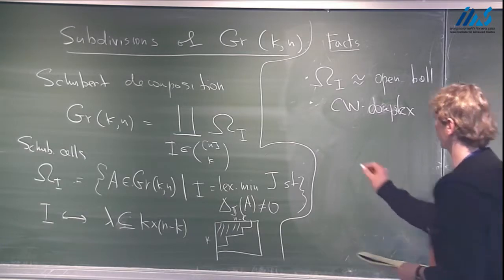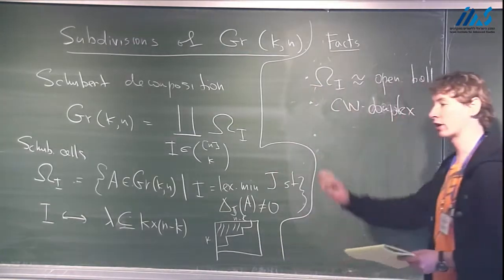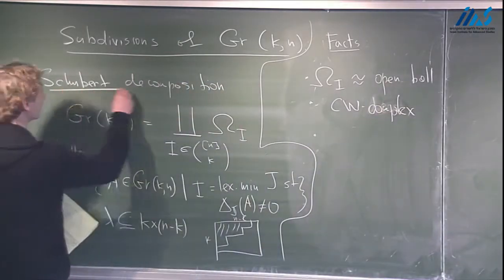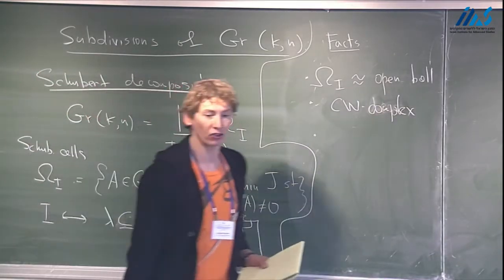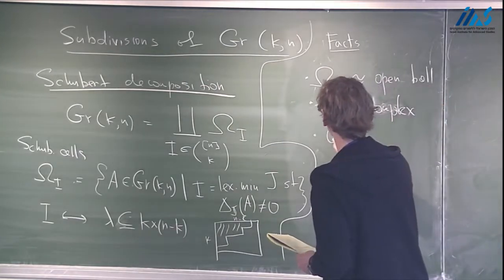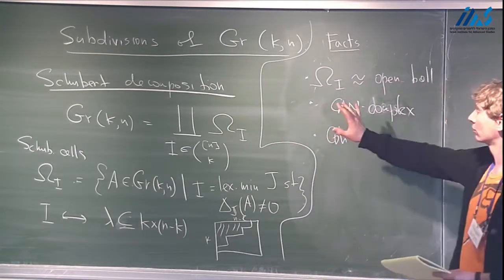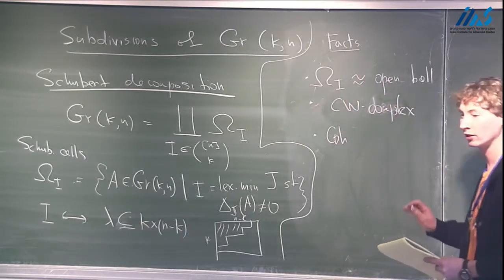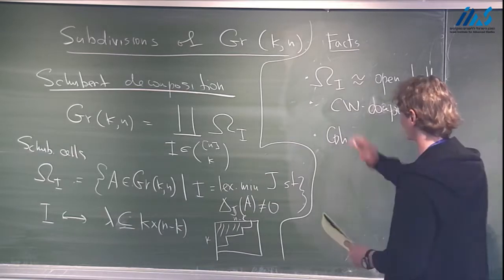And there are a lot of reasons why people study the Schubert decomposition, but one of the applications is that it allows you to describe the cohomology of the Grassmannian. So the cohomology classes, again, I'm not going to define all this cohomology. If you know what it is, then you know what it is. So I'll just mention some things.